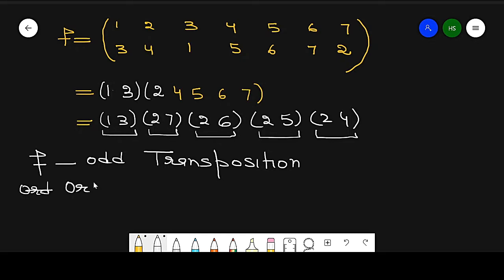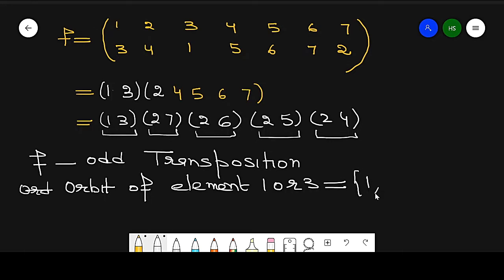So the orbit of element 1 or 3 is a set which consists of only elements 1 and 3.